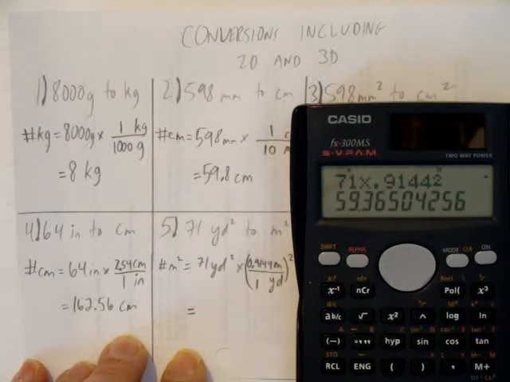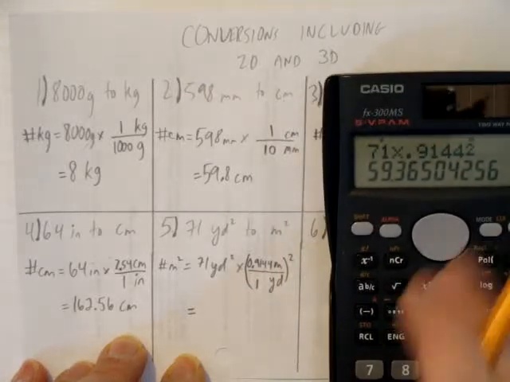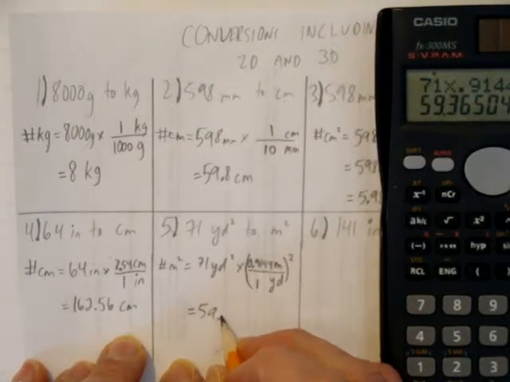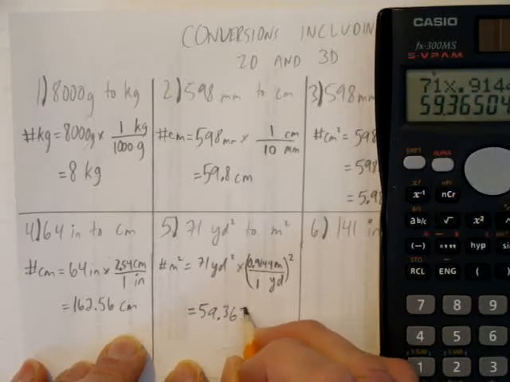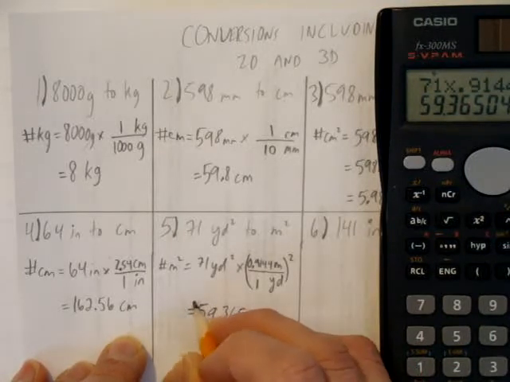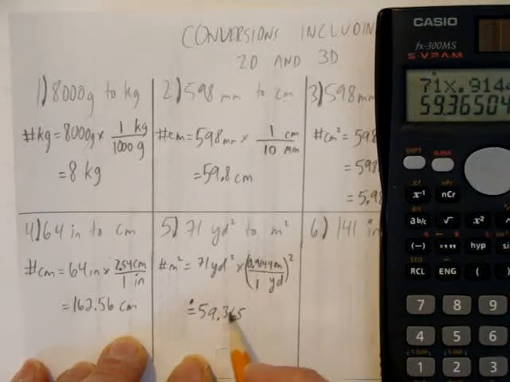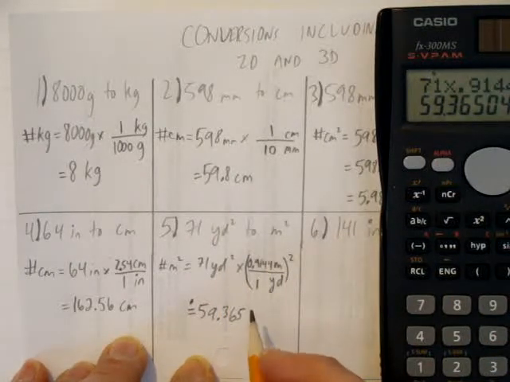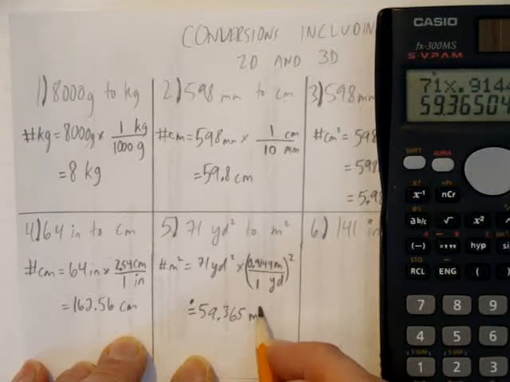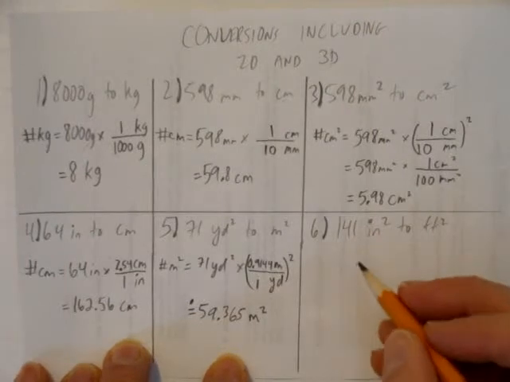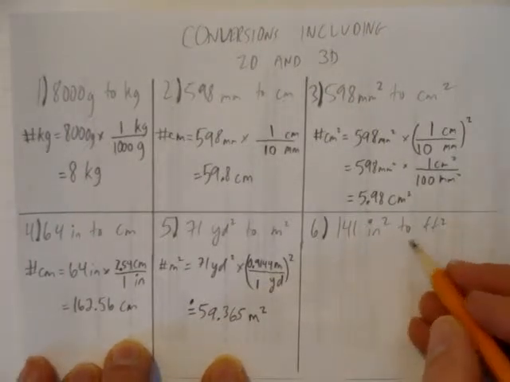When I do that, I get my answer. I could divide it by 1, but dividing by 1 just leaves the same answer. And so I get 59, let's round to, say, 3 decimals. Why not? So 71 yards squared becomes 59.365 meters squared.